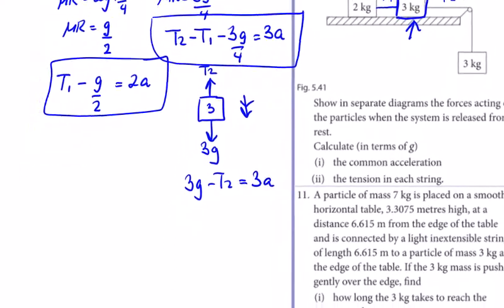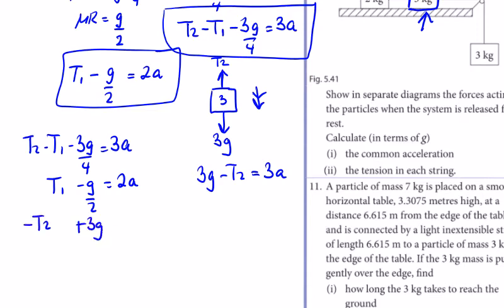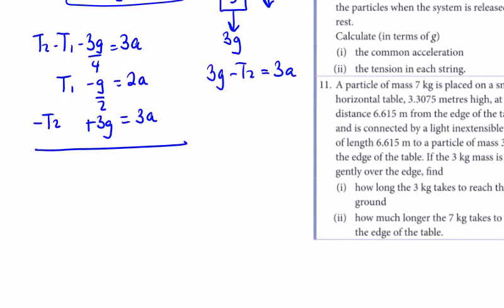So if we combine these three equations: T2 minus T1 minus 3g over 4 is equal to 3a. Up above, T1 minus g over 2 is equal to 2a, and we have minus T2 plus 3g equals 3a. So if we combine these, we're going to get 3g. I'll just write a little bit of rough work here. I'll just do the numbers. 3.